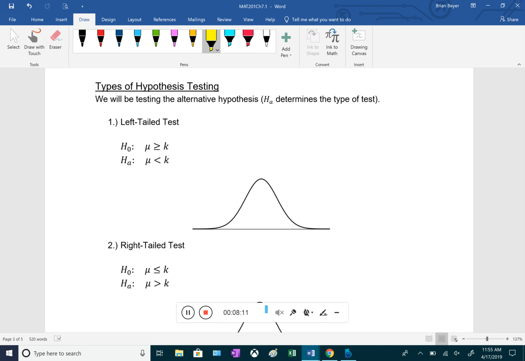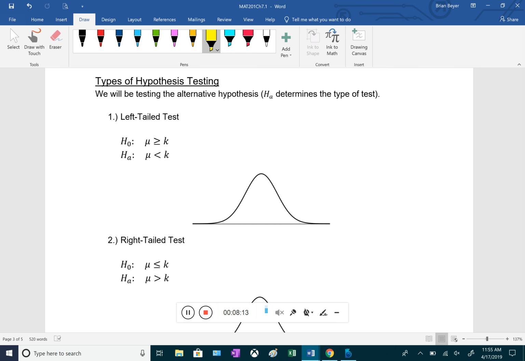Okay, so like we mentioned, we assume the null hypothesis is true, and we're testing the alternative hypothesis against the null to see if we can reject the null. There are three kinds of tests that we're going to be doing. The alternative determines the type of test. So we have all of our three setups here.